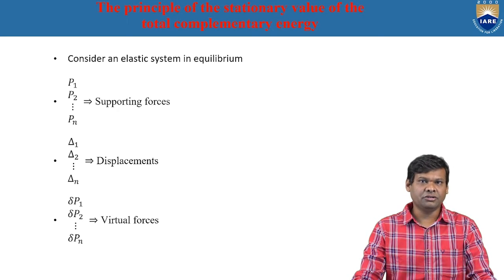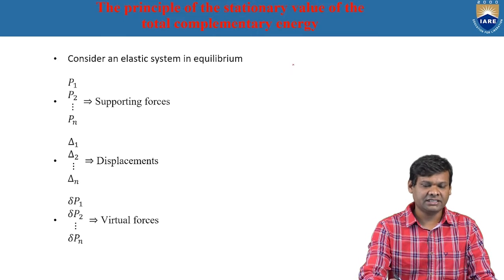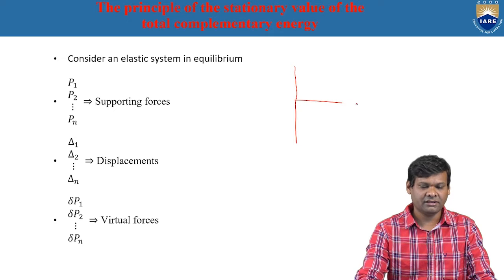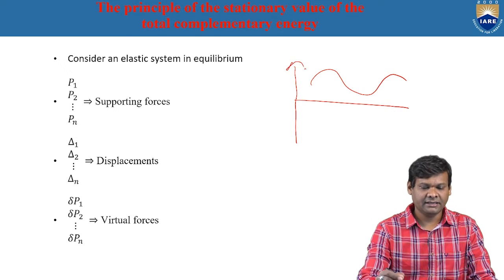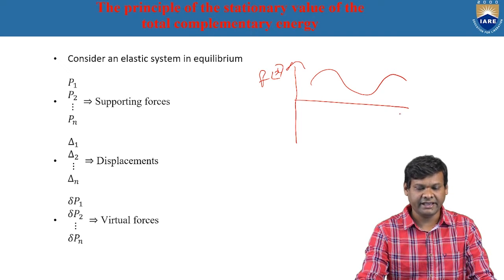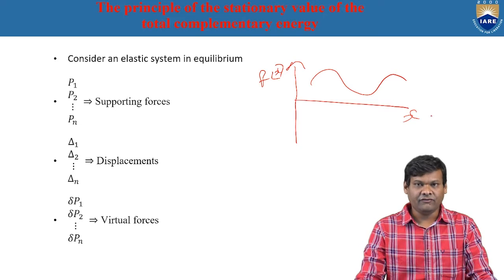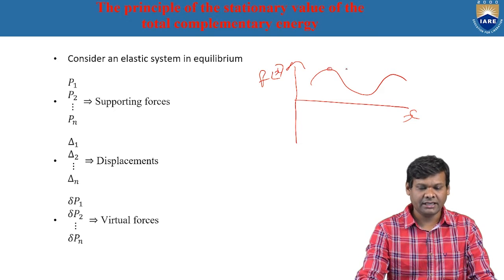And here you need to know what is meant by a stationary value. For example, let us take a graph like this, a function f of x on the y axis and x. What you observe in this graph are the minima and maxima.